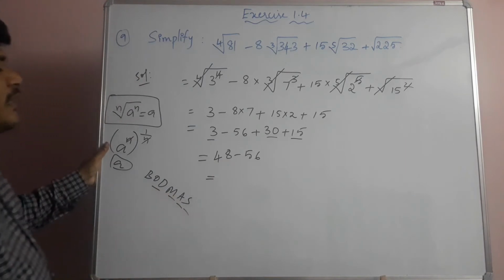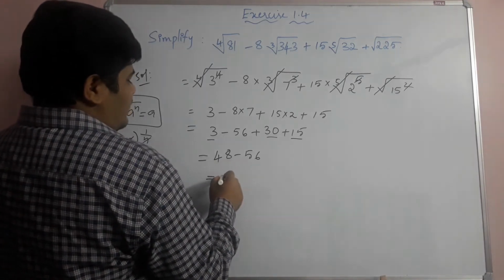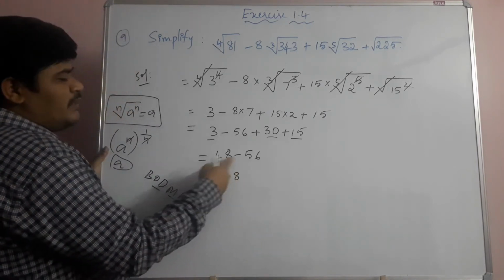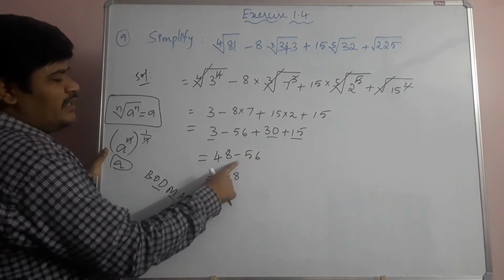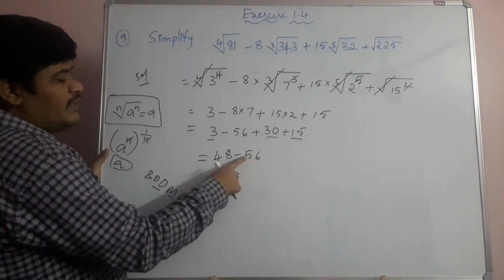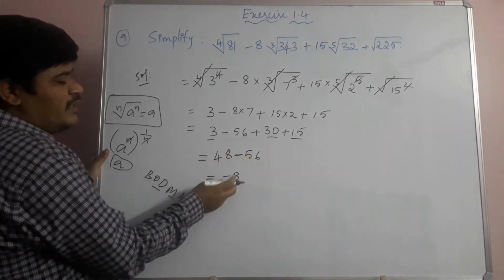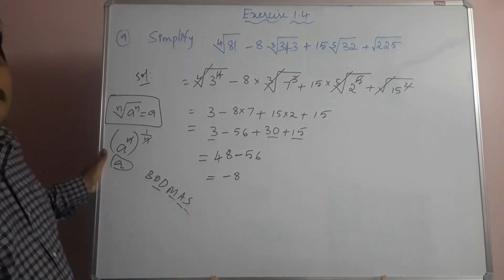Negative 56 as it is we have taken here. So now 48 minus 56 is negative 8. Means what we have to do? Here we need to subtract the small number from the big number, and while taking the symbol we need to take the sign of the bigger number. 56 is bigger, no? Its sign is minus. So here the result will obviously be negative. So negative 8 is the answer.